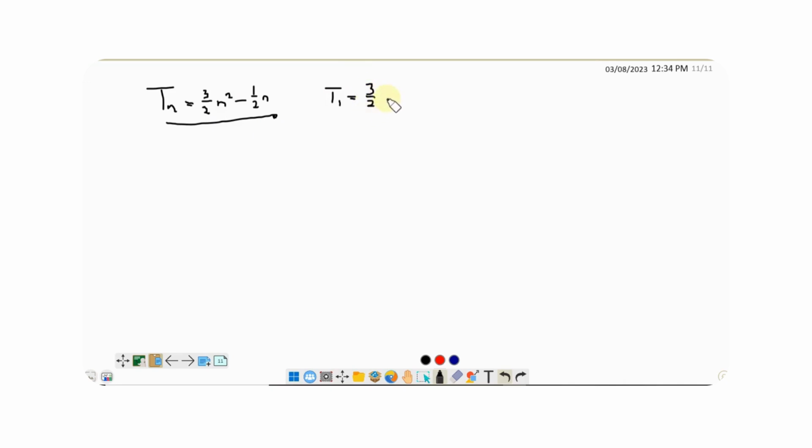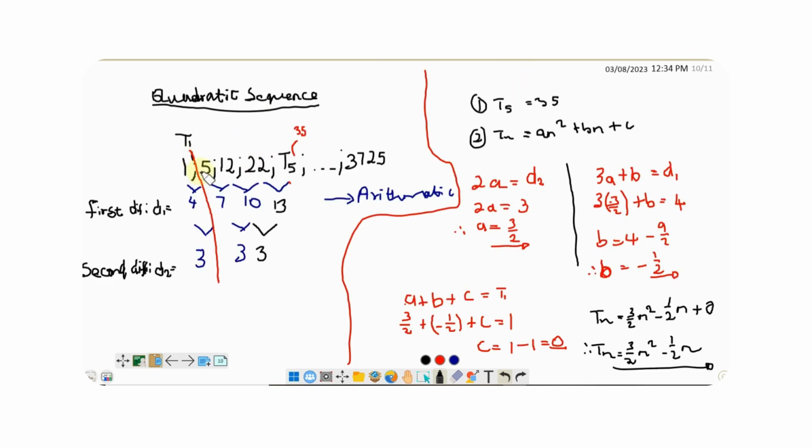And minus 1 over 2, multiplied by 1 is the same. So it's just going to be 3 minus 1 over 2, so 3 minus 1 is 2 over 2, which is 1. So term 1 is 1, which is correct, because according to our sequence, term 1 is 1. Let us try for term 2 and term 3. Get this correct, then we'll be fine. So let's try for term 2 and term 3.